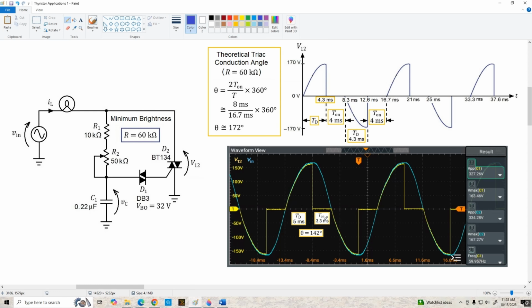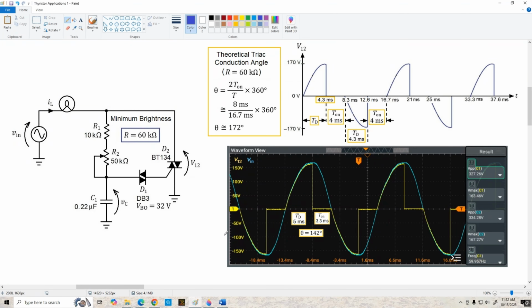We have an on time of 3.3 milliseconds versus the theory, which says 4 milliseconds. So we're pretty close, and overall we get a conduction angle of 142 degrees in the actual circuit versus 172 degrees for the theoretical analysis. So it's actually not too bad considering all the approximations I made with the derivation. This is pretty good.